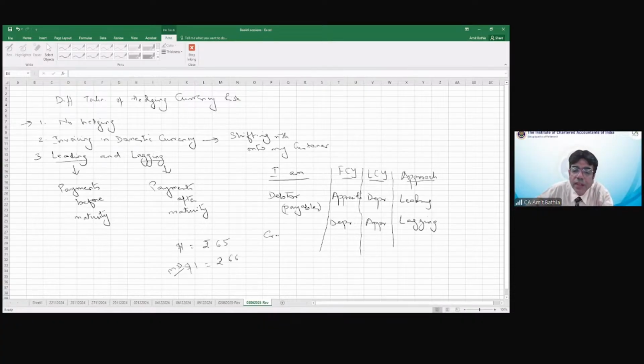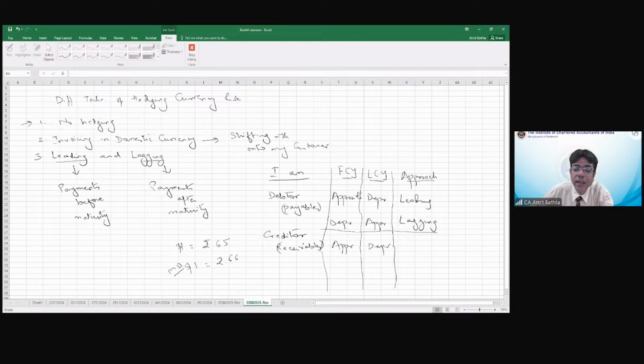Similarly, if I am a creditor, that means I have receivables in my book. Will my approach change in the same or a similar scenario? Now, let us consider, if I have receivables in my book, then what will happen? Again we take the same scenario. If foreign currency is appreciating, local currency is depreciating.